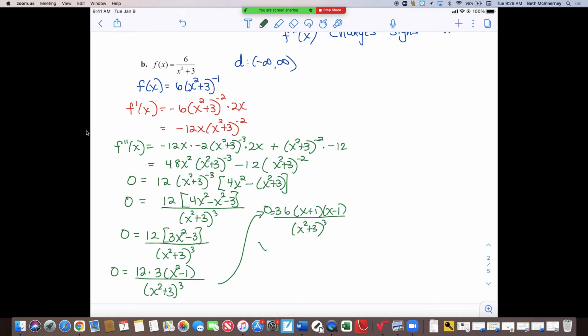Okay, so this is x equals plus or minus 1. The denominator is not ever equal to 0, so it's not undefined. So x equals 1 and x equals negative 1 are possible points of inflection.